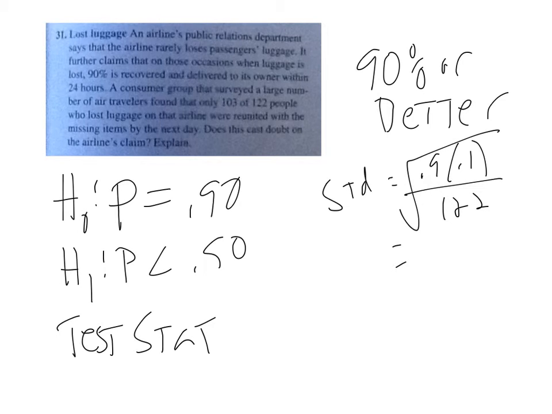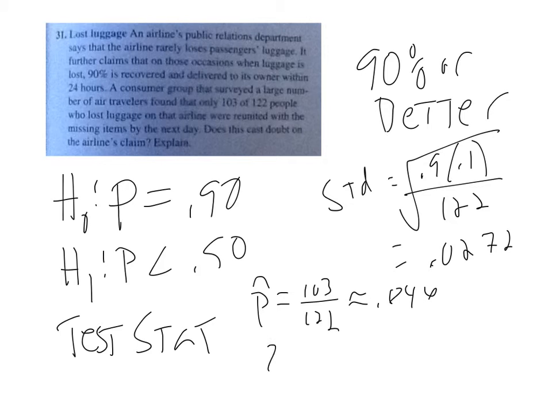When I did this just now, I got 0.0272 if we round. And our p-hat from our sample was 103 out of 122, which is about 0.844.